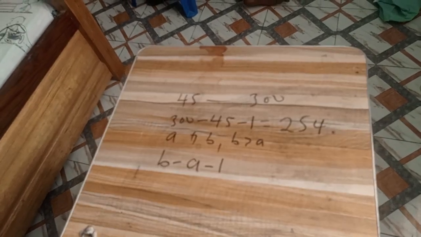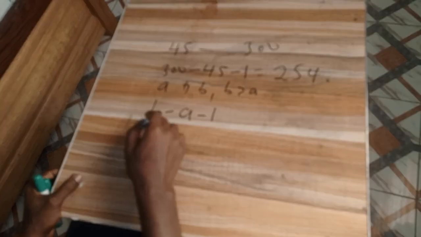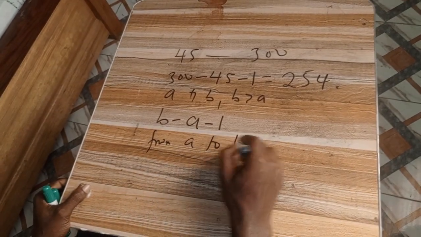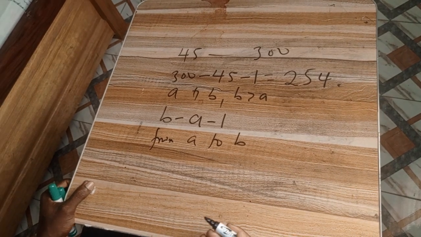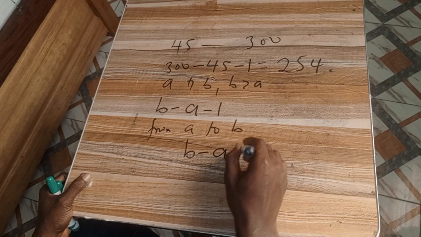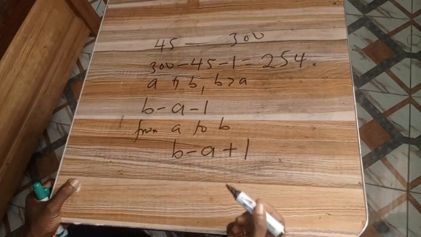The other one is you want to know the number of integers from, let's say, A to B. In that case, we use the formula B minus A plus 1. So again, why the plus 1?